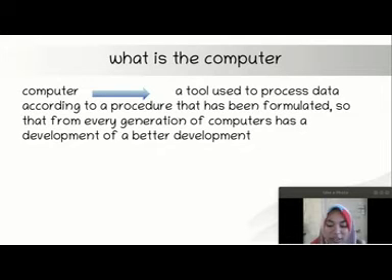The third generation computer has a smaller form compared to the previous one because it is made using integrated circuits. This computer still uses small transistors that can be inserted into the IC.